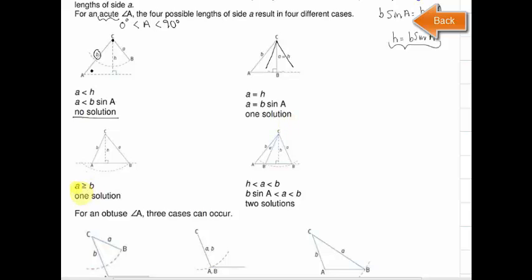Let's say that A is greater than or equal to B. So it's either going to be the same length as B or bigger than B. In our diagram, it's larger than B. Once again, think of it as being on a hinge, and I swing side A to the left. Then there's only one possible answer, because A will meet up at point B on the base.